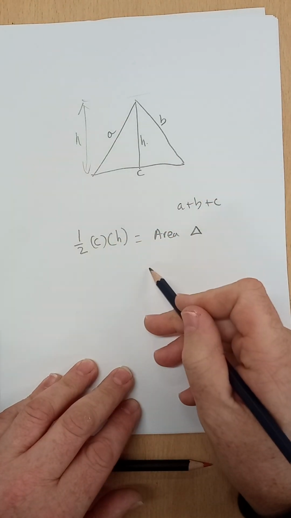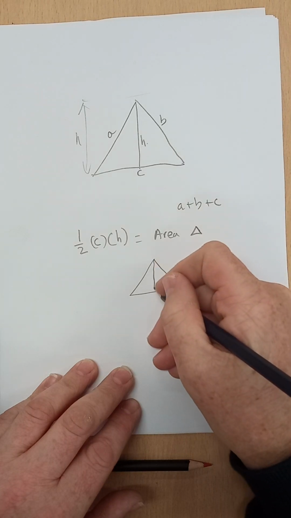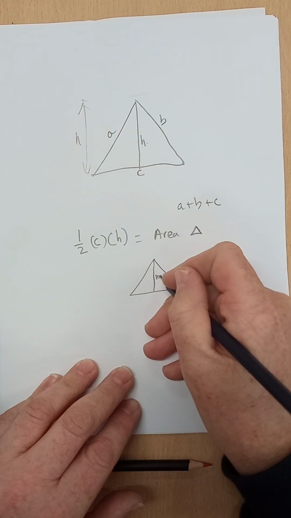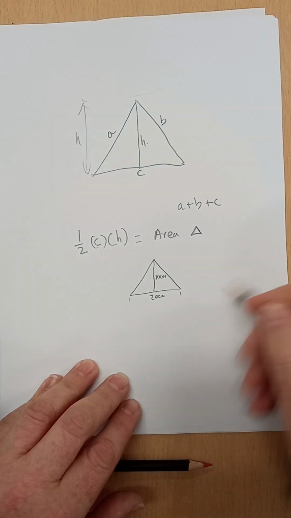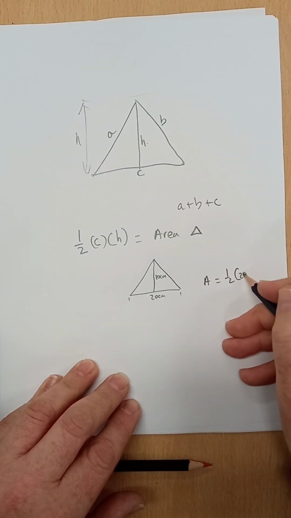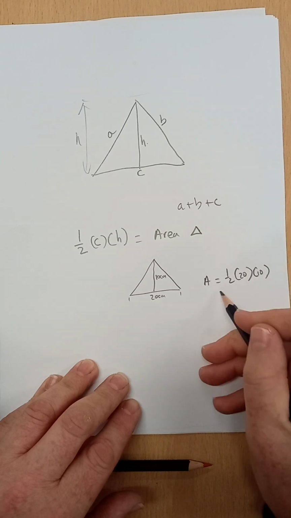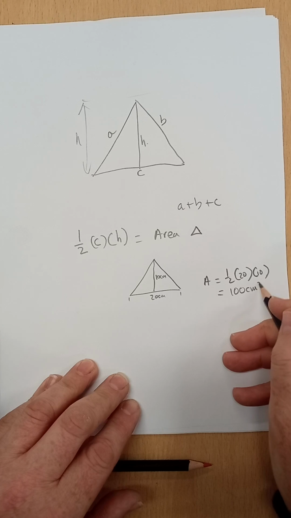So let's take a triangle and let's say that the height is 10 centimeters and the base is 20 centimeters. Well, then the area of that triangle is half the base by the height, which is going to be half of 20, which is 100 centimeters squared.